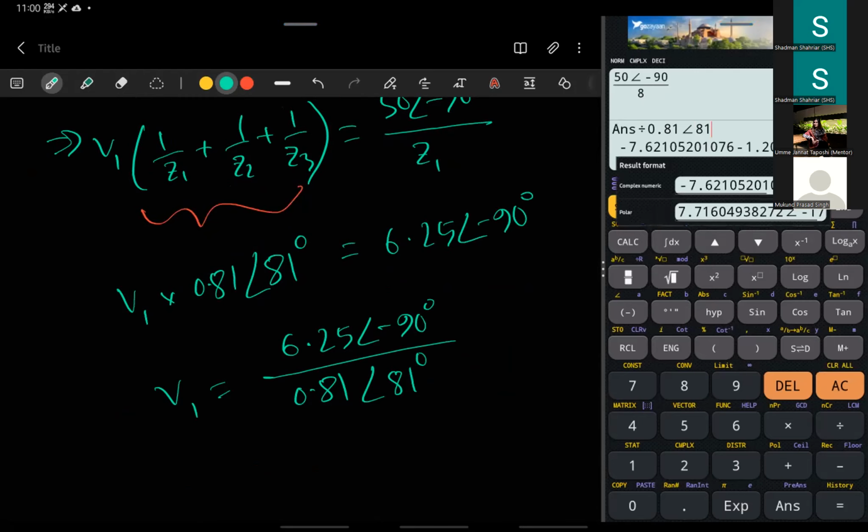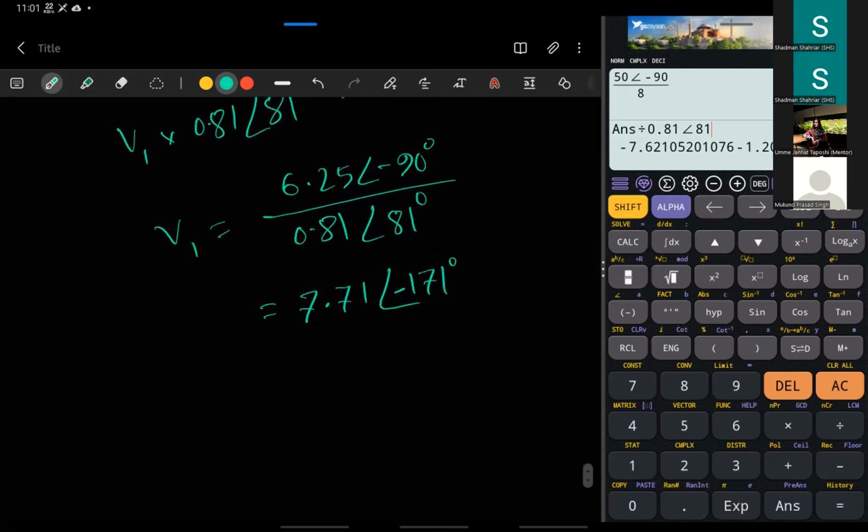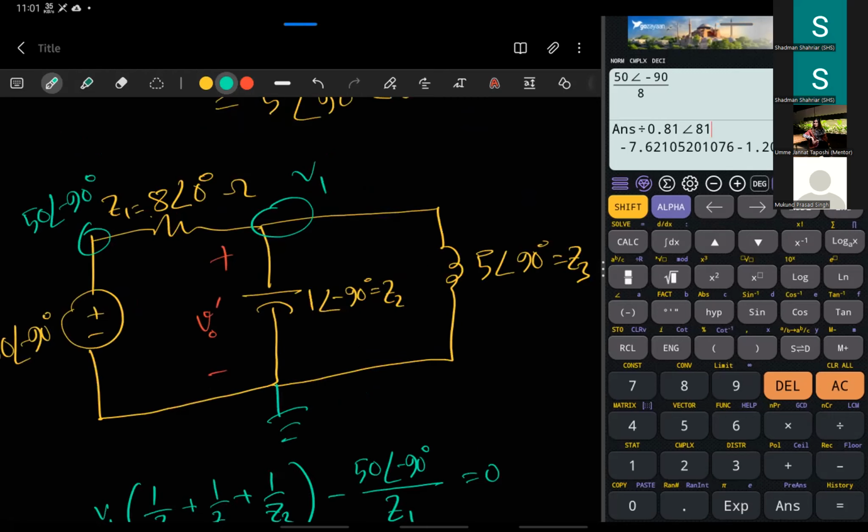You don't need to write the precise value, just write it up to 2 decimal points. That's fine. So this V1 is your V naught prime. If you remember the circuit, this V naught prime is equal to V1 minus 0, which is basically V1.